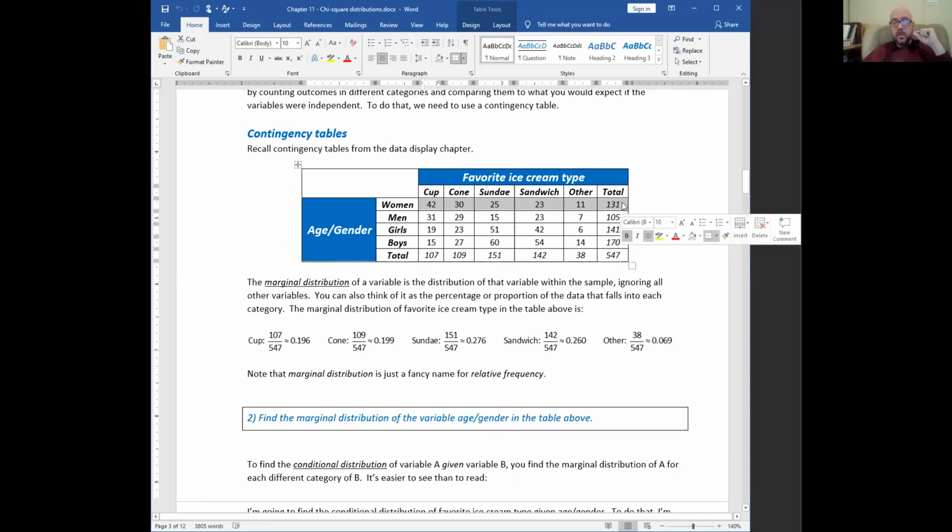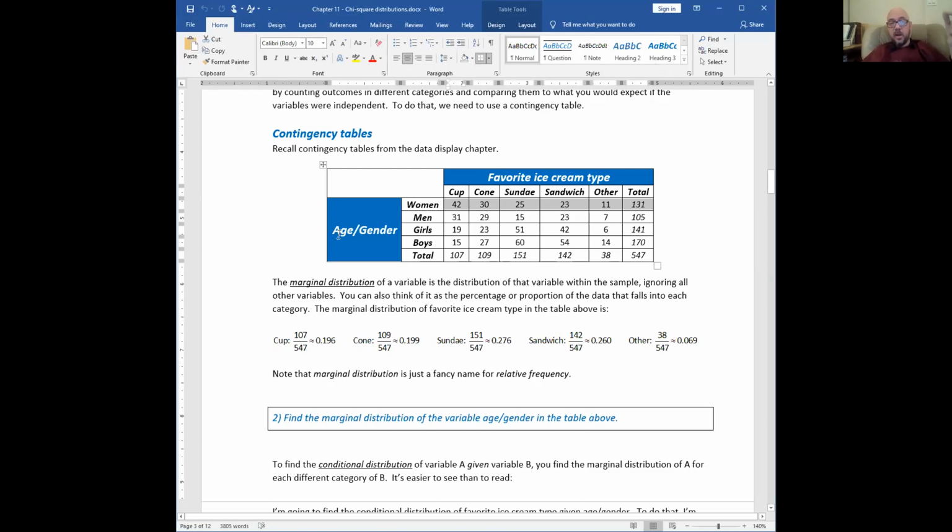It's just 131. So the conditional distribution of favorite ice cream type given that our respondent was a woman, is 42 out of 131 for cup, 30 out of 131 for cone, 25 out of 131 for sundae, 23 out of 131 for sandwich, and 11 out of 131 for other.